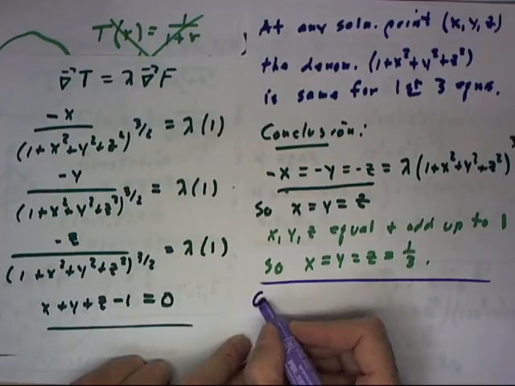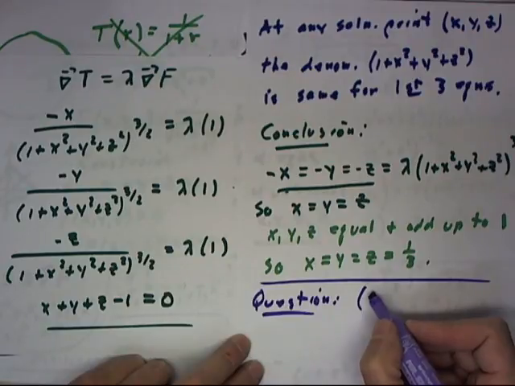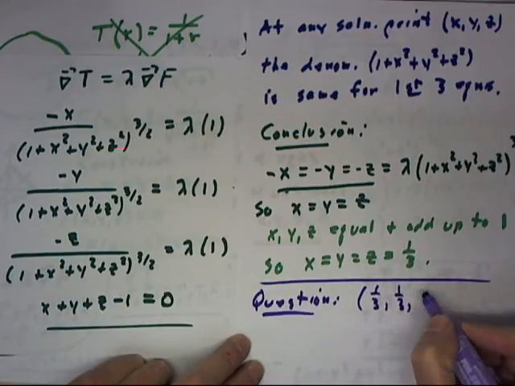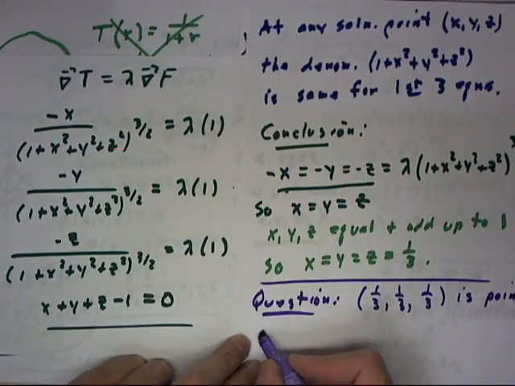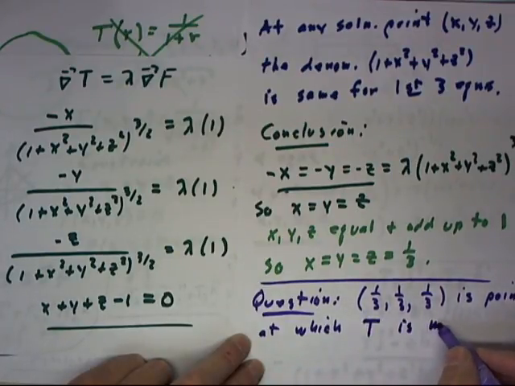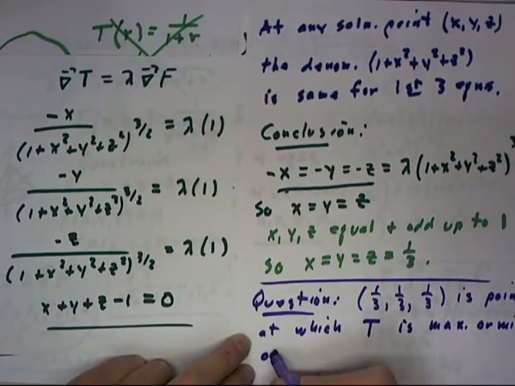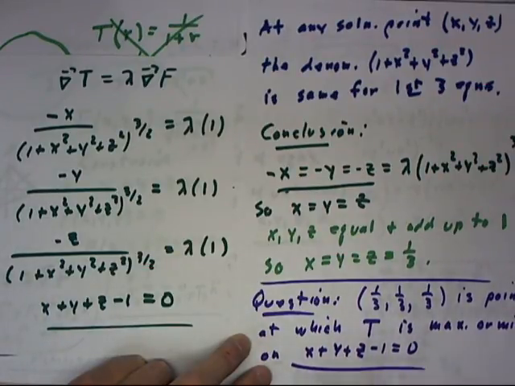So the question first of all, 1/3, 1/3, 1/3 is an extreme, is a point at which t is a maximum or a minimum on x plus y plus z minus 1 equals 0, on the plane.